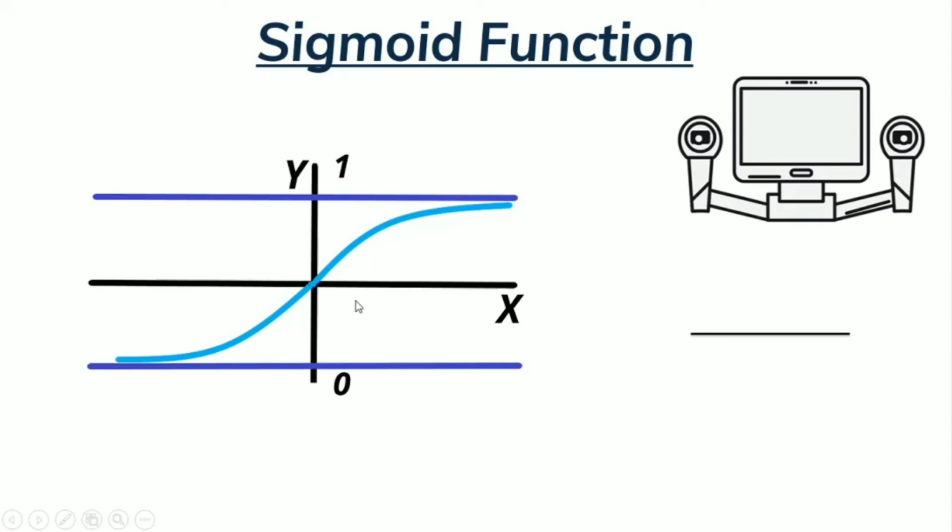It can be anything between 0 and 1, like 0.001, 0.0025, or whatever. To represent this function in mathematical form, we can write it as 1 upon 1 plus e to the power minus x. Through this mathematical equation we can represent the sigmoid function. I hope you have understood everything up to this point.